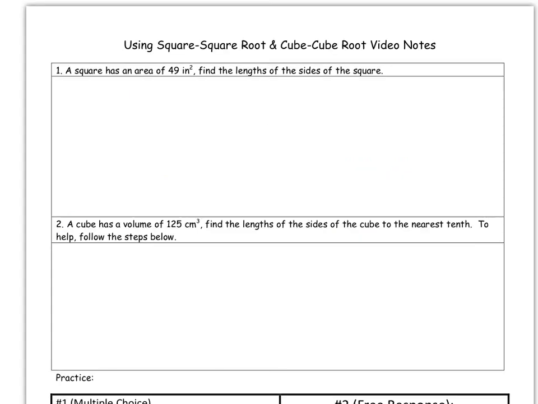Okay, let's take a look at question number 1. A square has an area of 49 square inches. So right away, it's telling me square. So this tells you that we're probably going to square root.